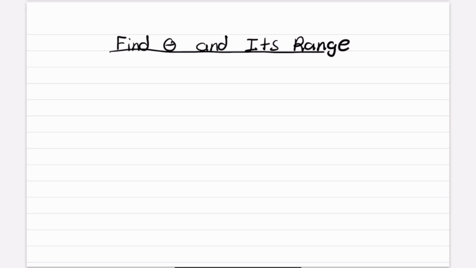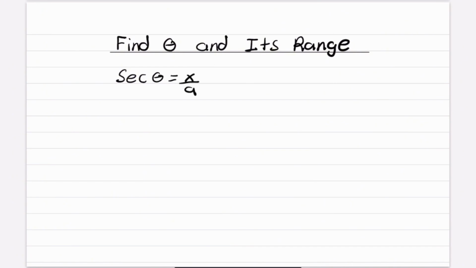Next, we are going to find theta and its range. Again, beginning with our original equation, we have secant theta is equal to x over a.